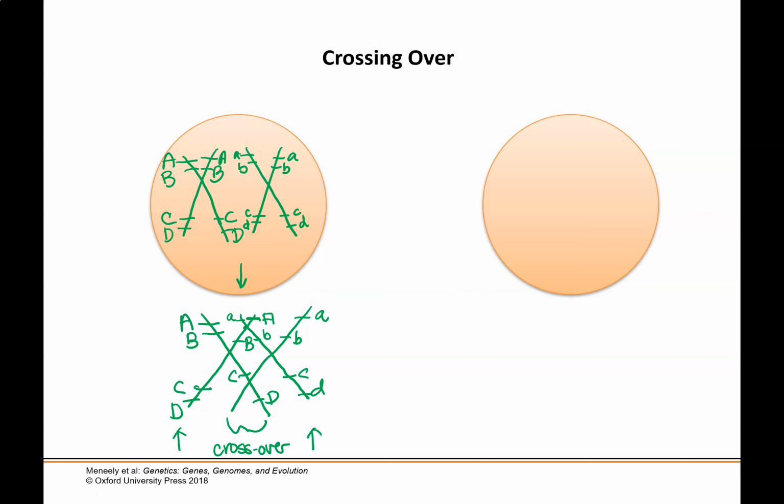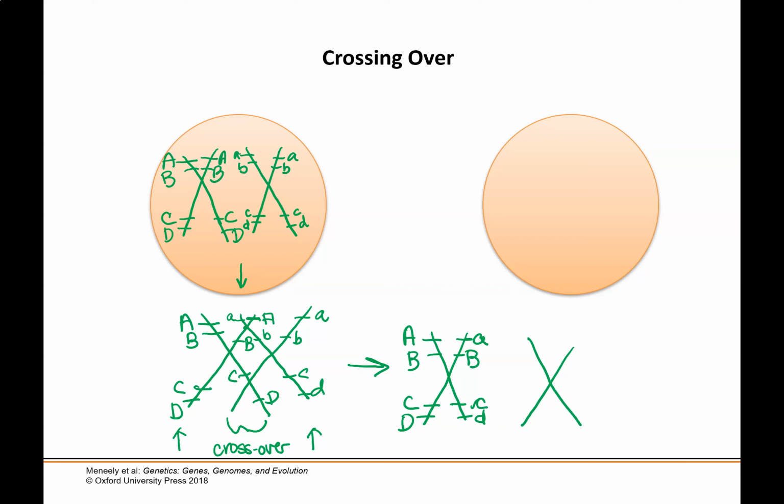So when we separate sister chromatids, we separate homologous chromosomes, we're actually going to see where we have exchanged that information. Oops, I'm sorry, I have a mistake here.